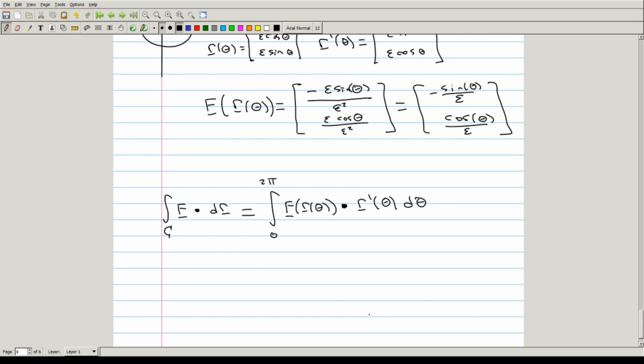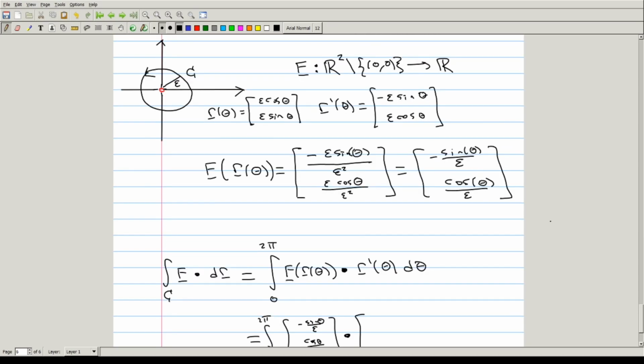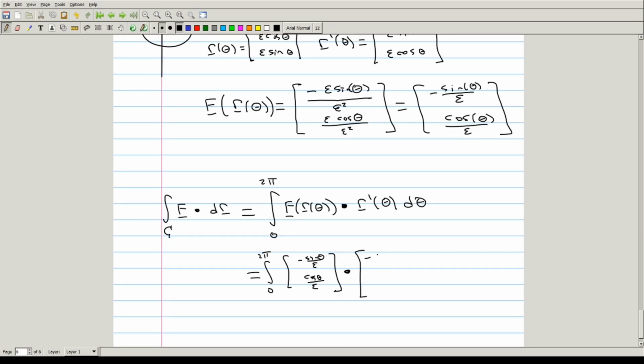So when we go to evaluate this line integral, this becomes the integral from 0 to 2 pi of this vector, negative sine theta over epsilon, cosine theta over epsilon, dot product with r prime, which is negative epsilon sine theta, epsilon cosine theta.